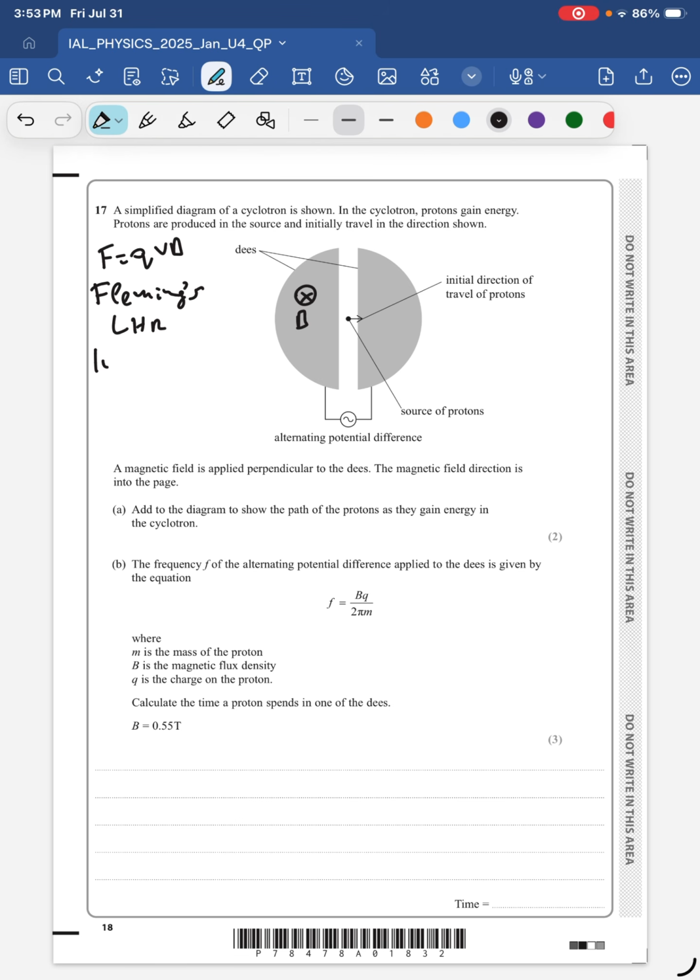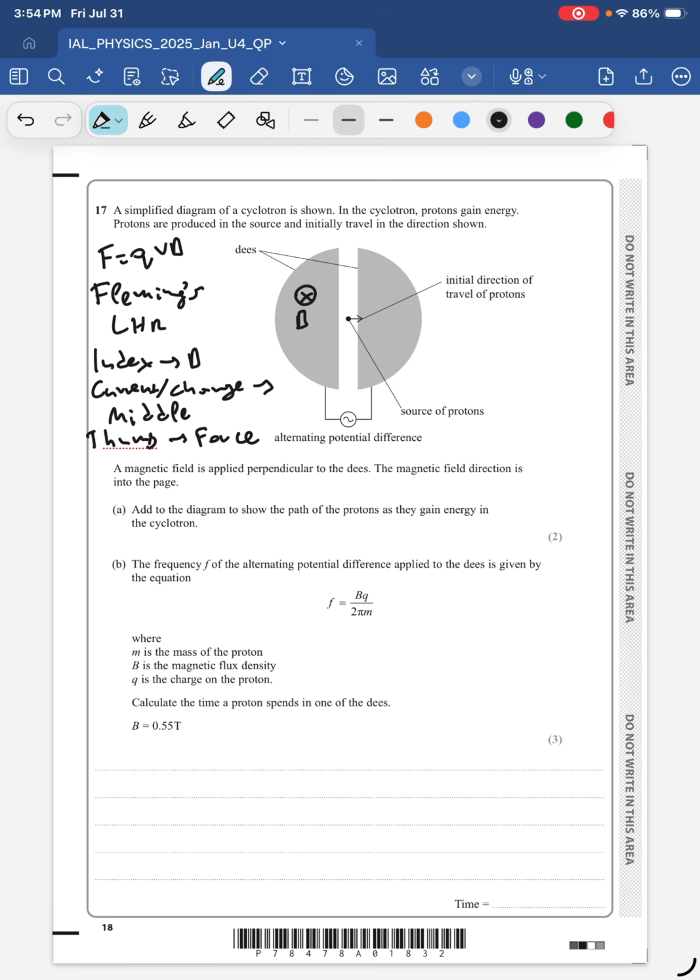And I remind you that the left hand is important. Don't use the right, use the left. Your index finger should point in the direction of B. Then the direction of motion of the charge should be pointed at using your middle finger. Your thumb is then going to show the force.